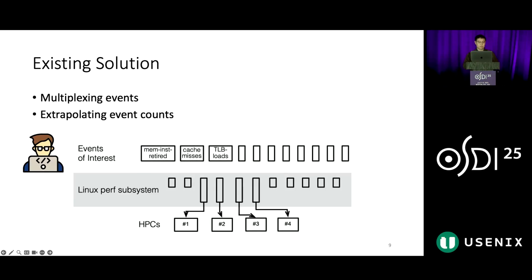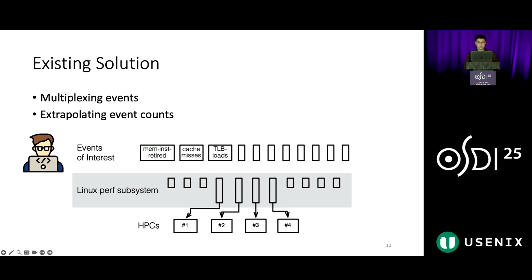Then during one scheduling slice, it will select a subset of these events, put them on the available counters and measure them. In the next scheduling slice, it will rotate the events in a round-robin fashion, select the next events and measure those.